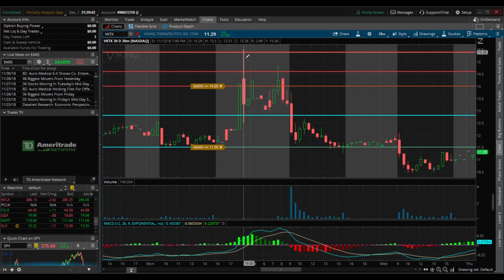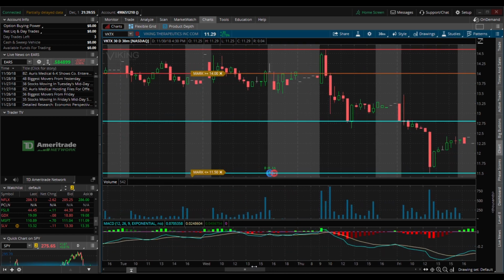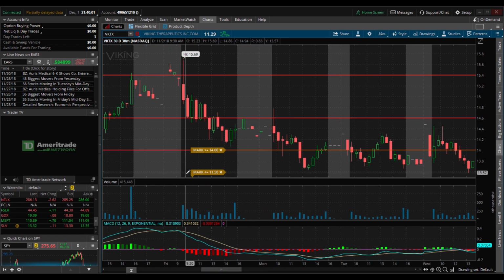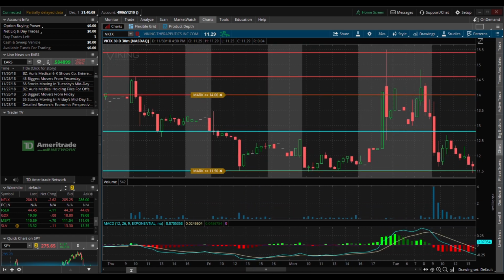Even though it hit even the third one at this point, let's say you were waiting for it to hit, like before, the stock hit, where's that? Right here. It hit 15.69. Let's say you're waiting for that number to come again. If you notice, on the chart it does not get that high.